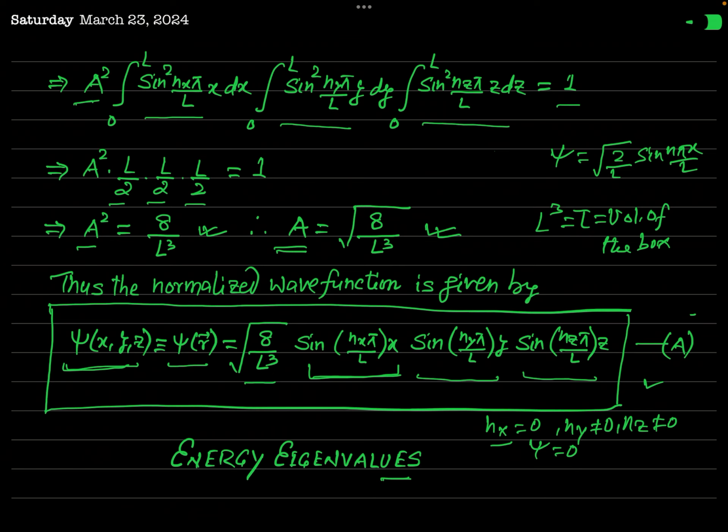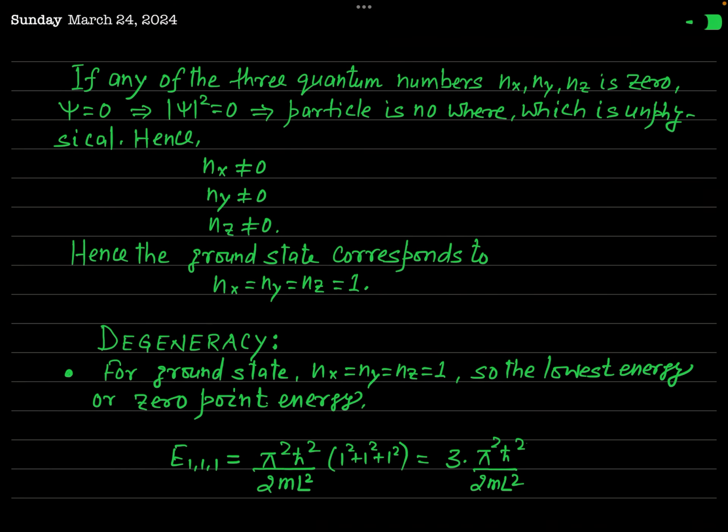In the similar manner, when any quantum number, either nx or ny or nz, is equal to 0, then the wave function will become 0. And if the wave function is 0, that means the electron is nowhere. The electron is not present in this region. But that is completely unphysical, because we know the electron is present inside the box. So this result shows that the three quantum numbers nx, ny, nz can never be 0.